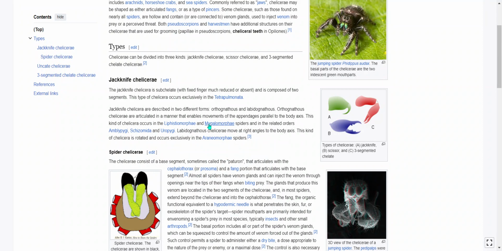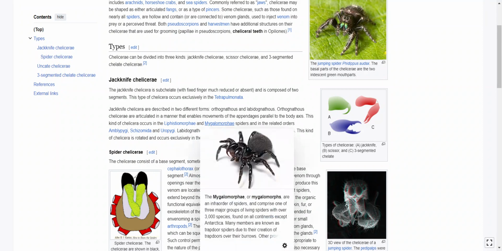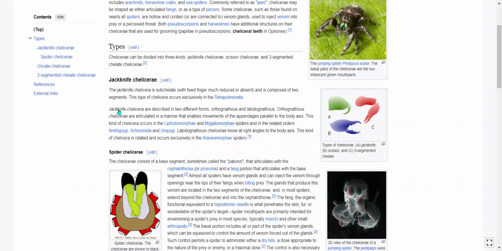And Mygalomorphae. Okay, so orthognathus chelicerae occur in Liphistiomorphae and Mygalomorphae spiders, and in the related orders Amblypygi, Schizomida, and Uropygi. I'm not trying again.